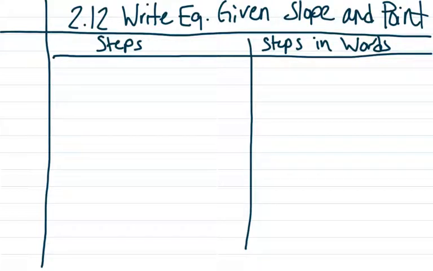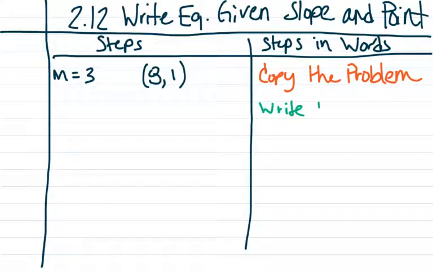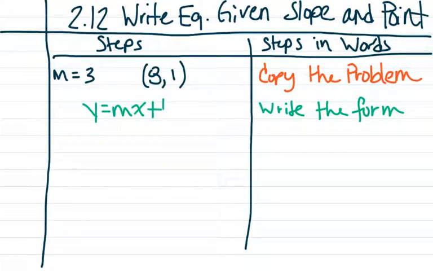So this one we have m equals 3 and the point (8, 1). And of course, the first thing we're going to do is copy the problem. And then we are going to write the form. So we have y equals mx plus b.